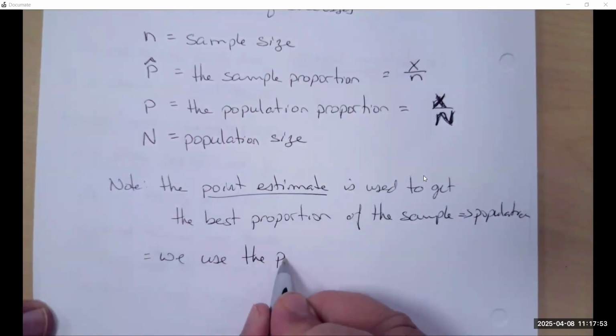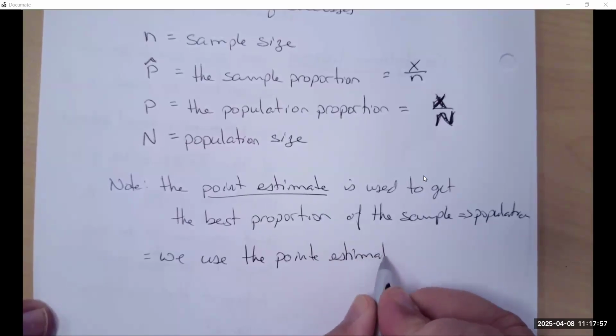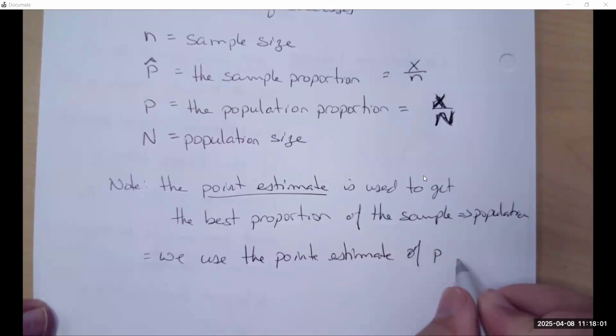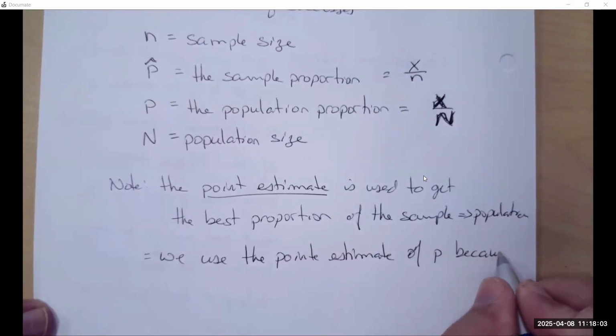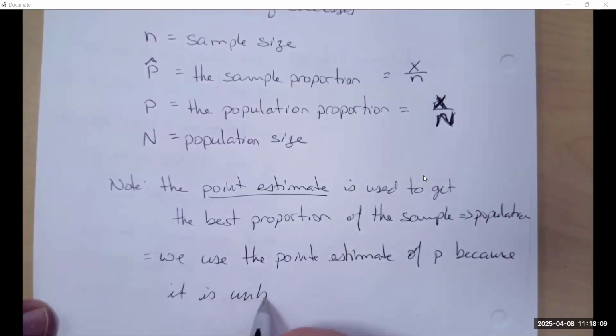We use the point estimate of P because it is unbiased.